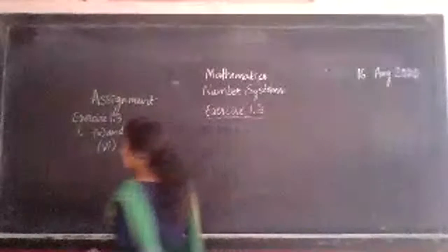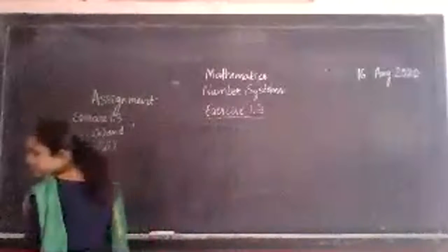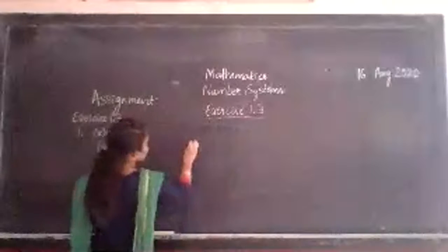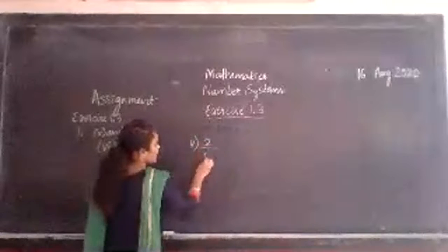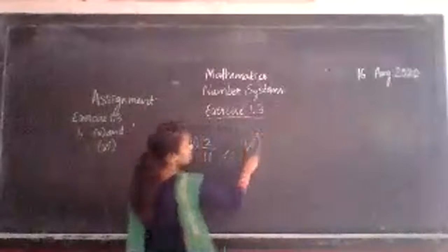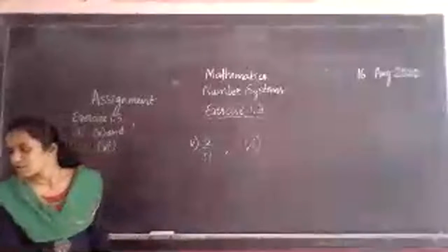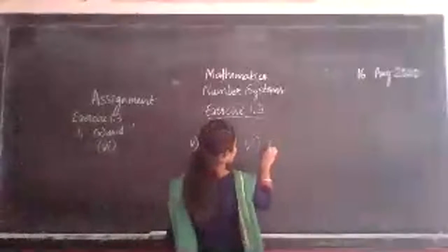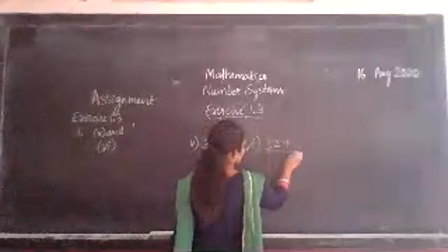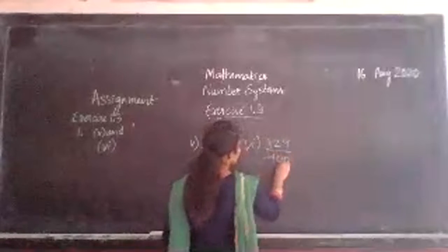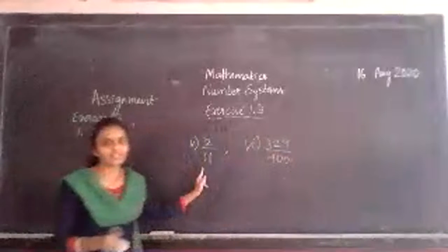I'll give you the question also. Your assignment question is, 5th question is 2 by 11 and 6th question is 329 by 400. So these two are your assignment questions.